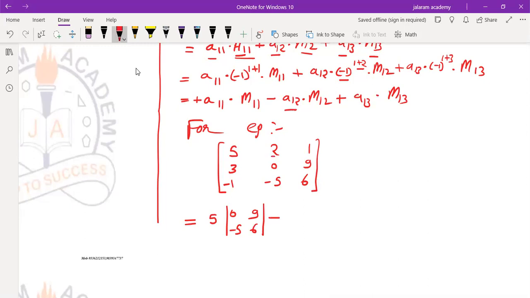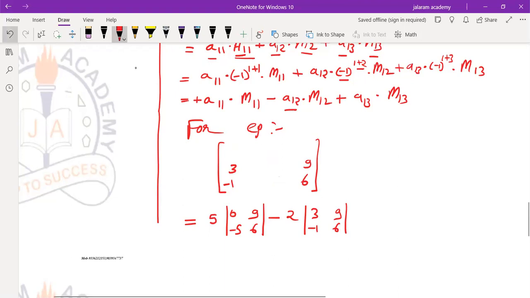The element of first row, second column is 2 into the determinant obtained by deleting first row and second column, which is 3, -1, 9, 6.